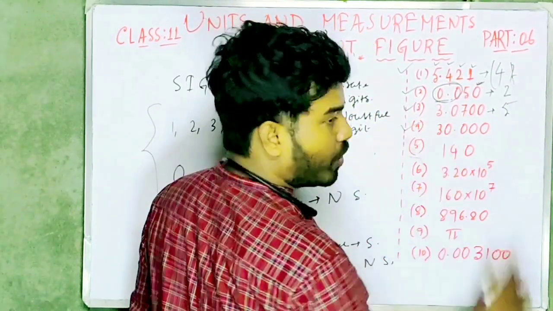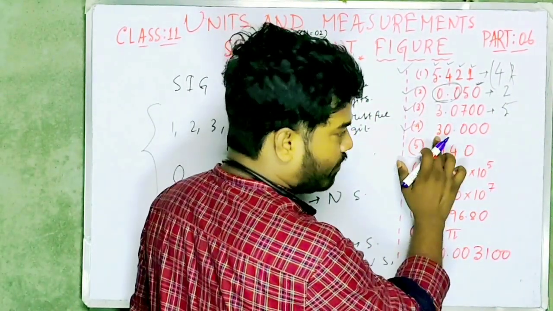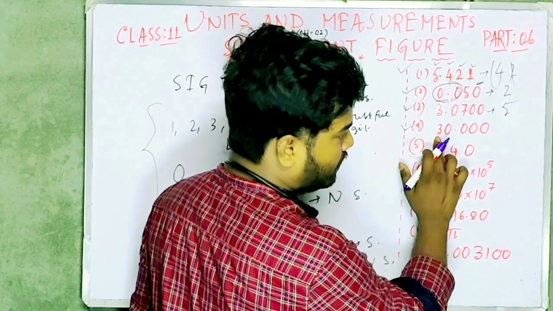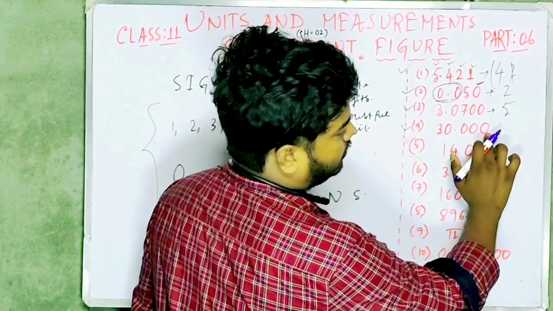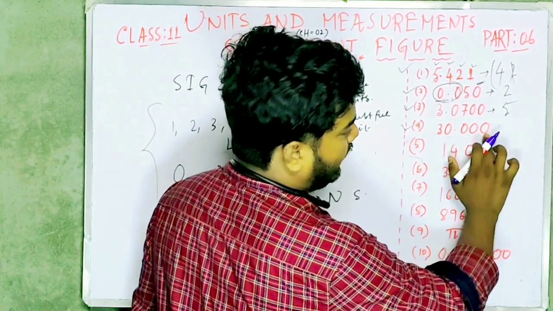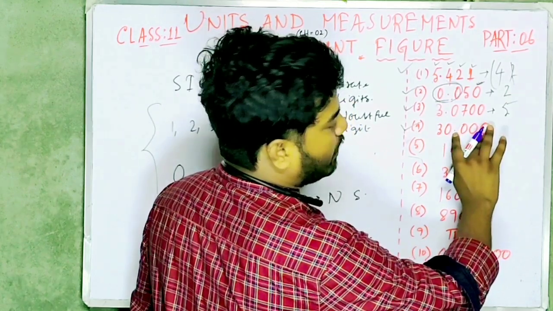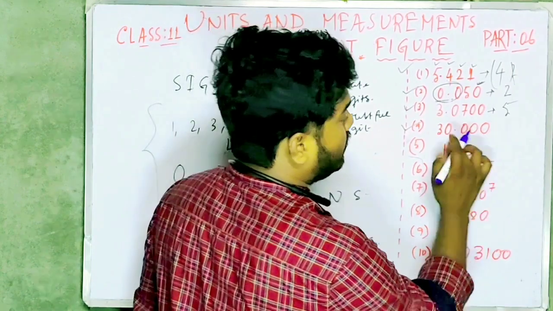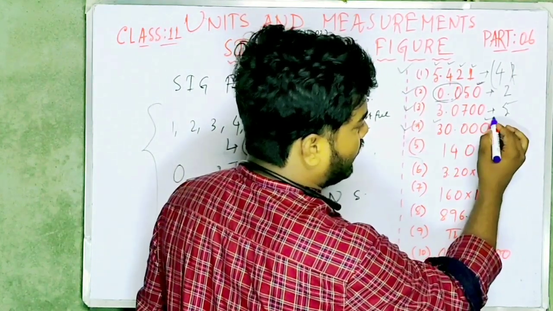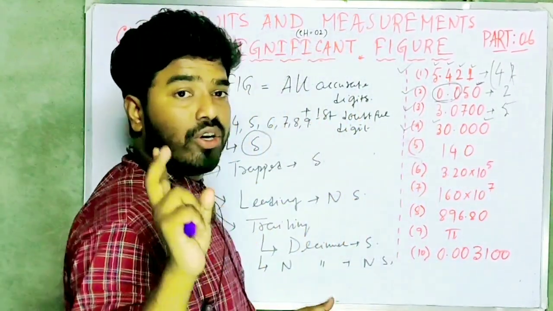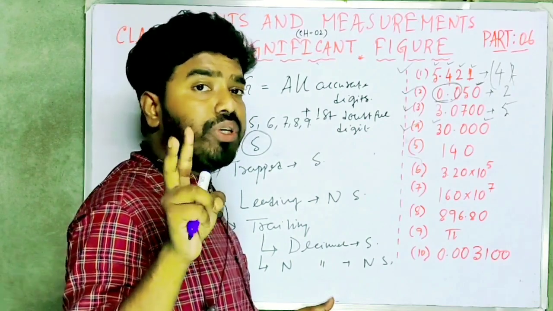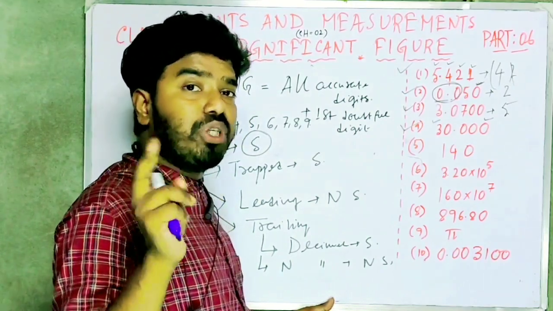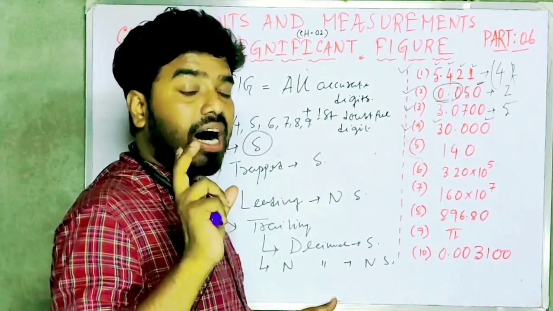Next, 4. 3 significant. Here, this ending 0, and there is a decimal point, so this 0 is significant. And rule number 2, mind it. All zeros between two non-zero digits or between two significant digits are significant.